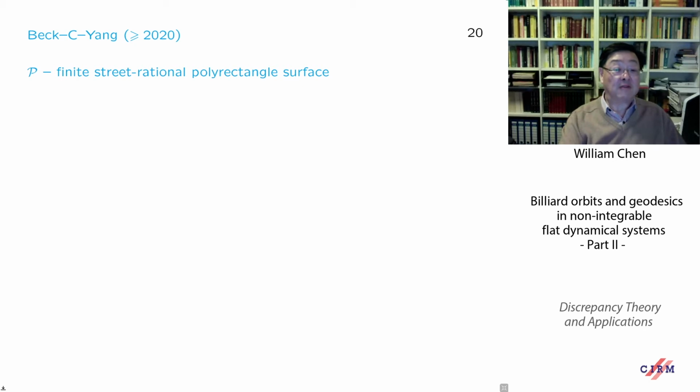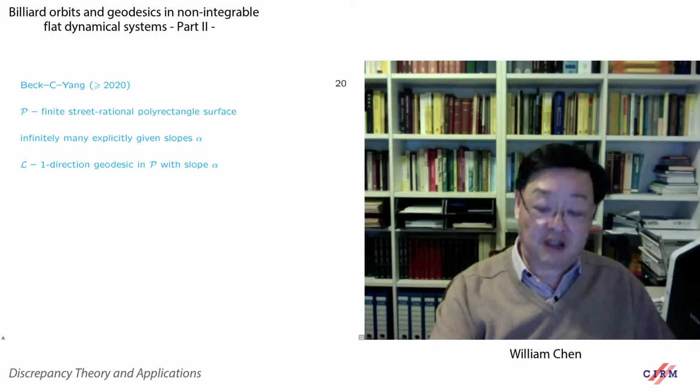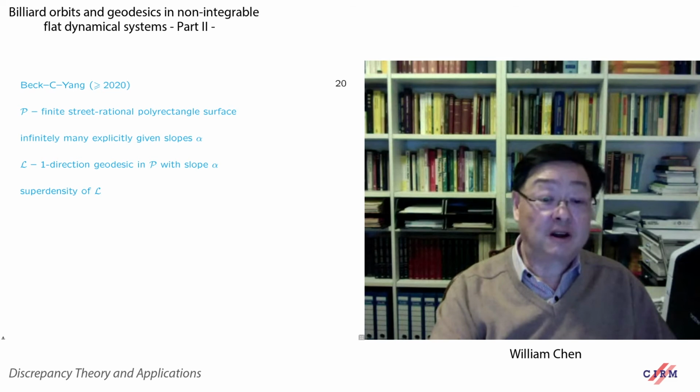And so we have the following result. Let's start with a finite street rational polyrectangle surface. There are infinitely many explicitly given slopes alpha, such that if we consider one direction geodesics with these slopes, we first of all can establish superdensity.